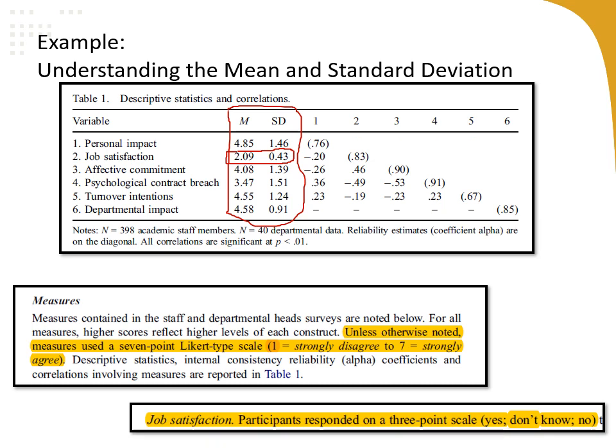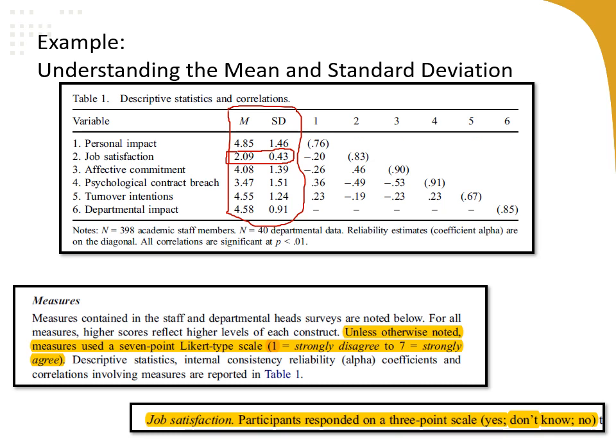So if we're looking at the means here, we can say, okay, well, clearly the personal impact of budget cuts was the highest rated thing. But how high is a 4.85 really? If this was a 5-point scale, that 4.85 would be extremely high, and I'd be real worried about these people. They are really experiencing some impacts.